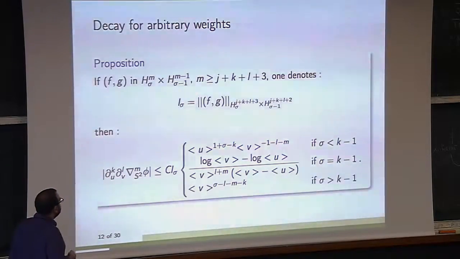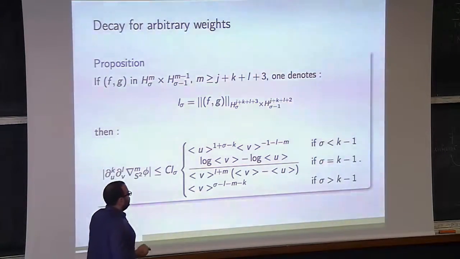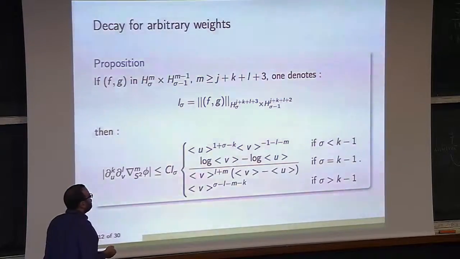So the more differentiation I'm making in V or on the sphere, the more weight in V I'm getting. The more I'm differentiating in U, the more weight I'm getting in U. But this inequality will arise only in very specific circumstances. This inequality has to be satisfied.